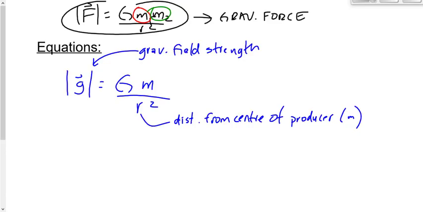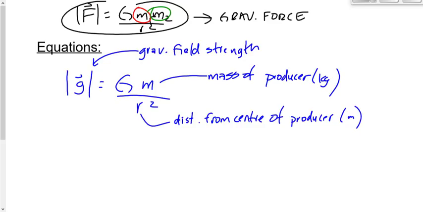M stands for the mass of the producer in kilograms. Okay, we keep talking about the Earth and the board marker on purpose. Keep talking about the same two things on purpose. Which one would be the producer here, the board marker or the Earth? The Earth.